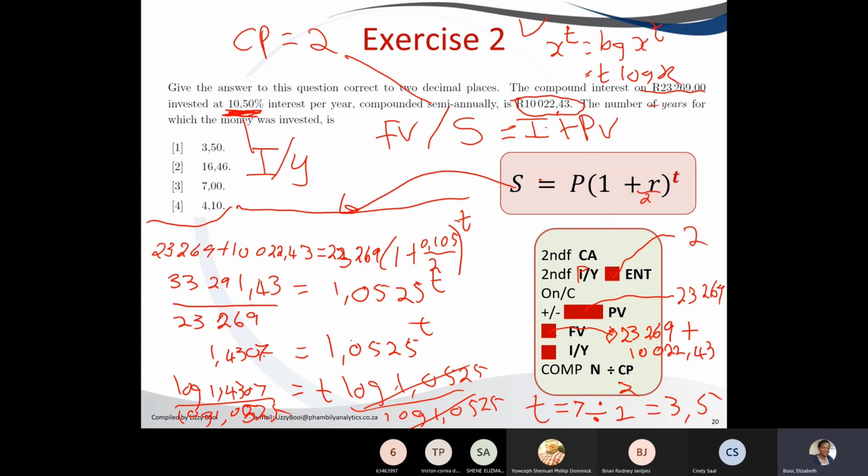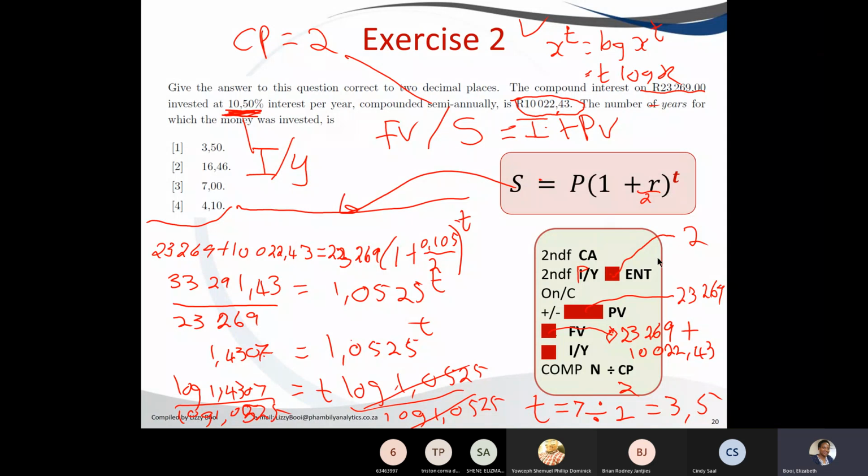And if I take that answer and divide by 2, I get 3.499, which to 2 decimals will be 3.50, which is 3.5. Okay, that's how you will calculate the periods.